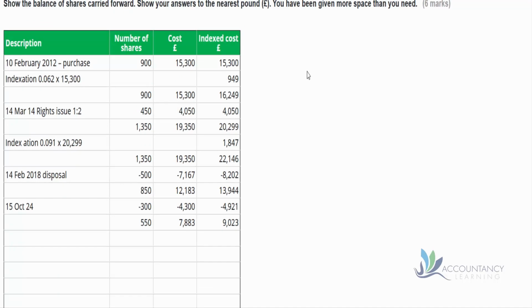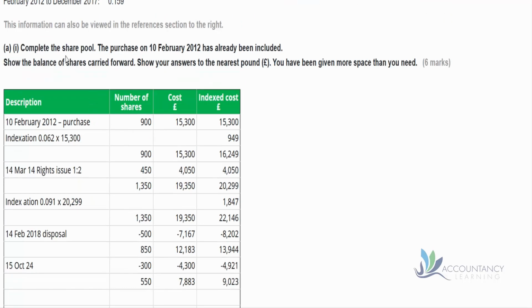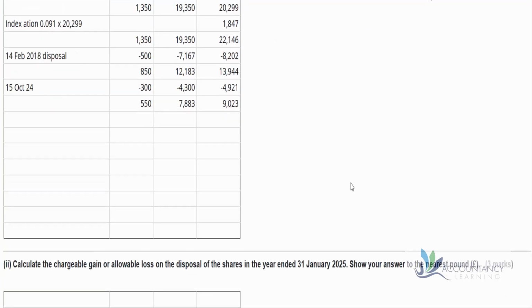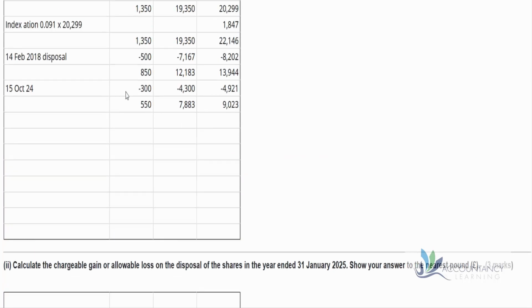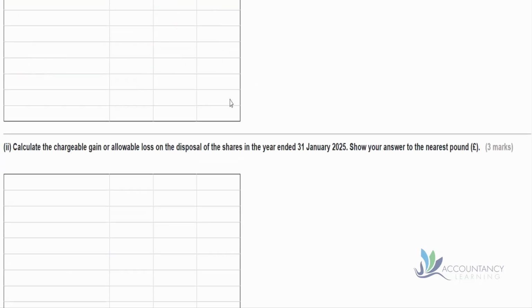Now the question was asking us to complete the share pool, show the balance of shares carried forward, and that's what we've done, isn't it? And then the next bit, calculate the chargeable gain or allowable loss on the disposal of shares in the year ended 31st of January 2025. So we're just focusing on that final disposal of the 300 shares.